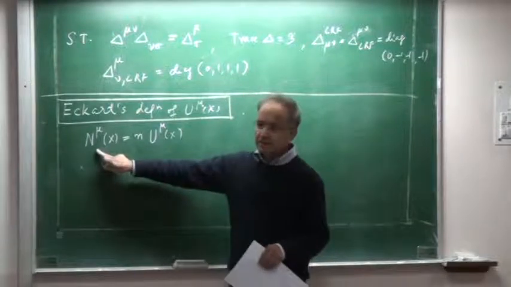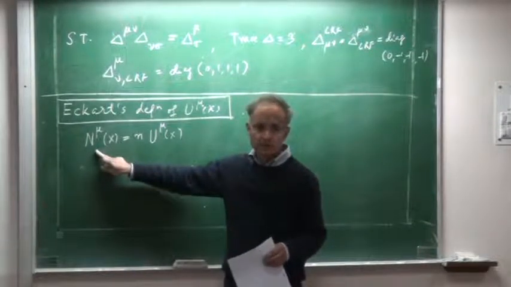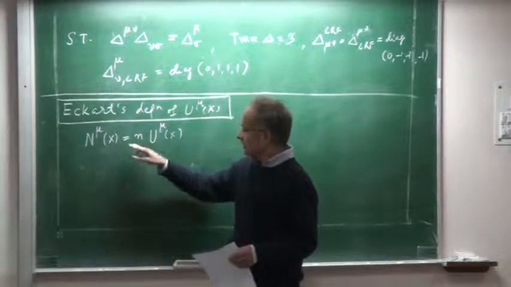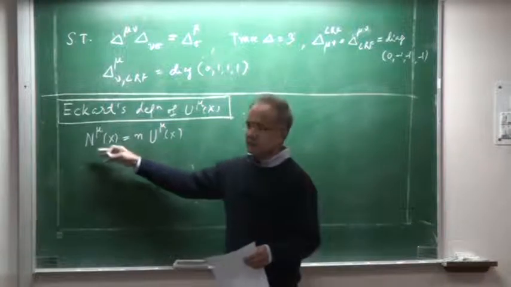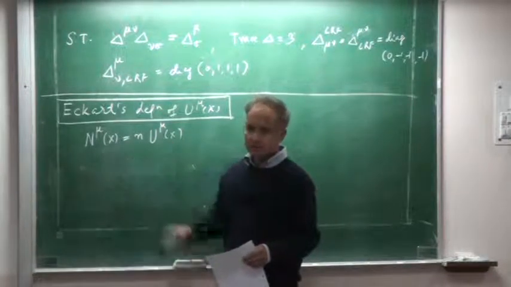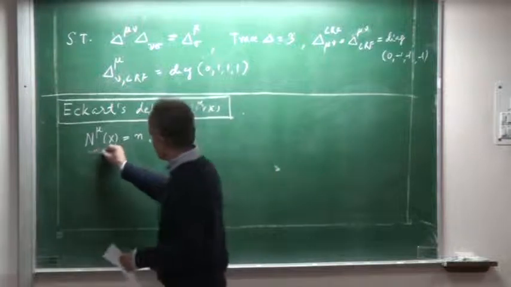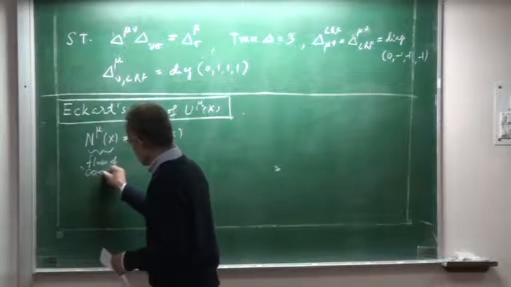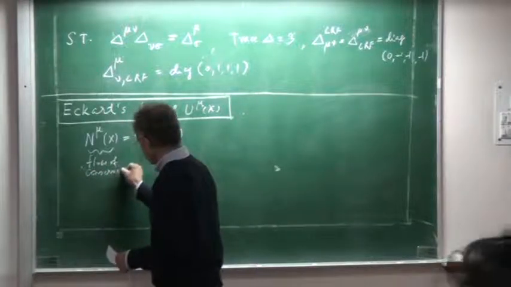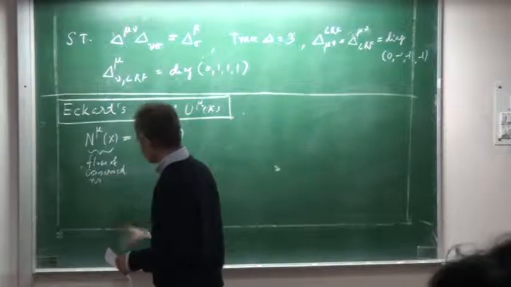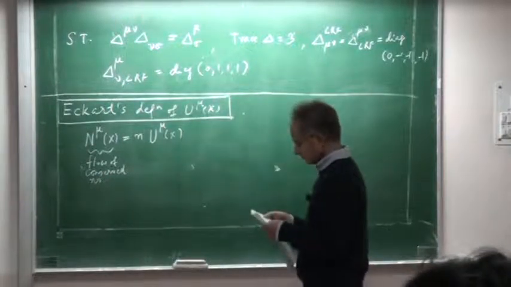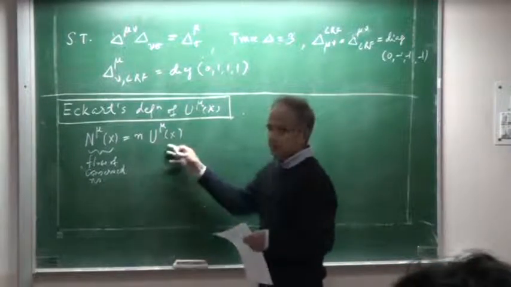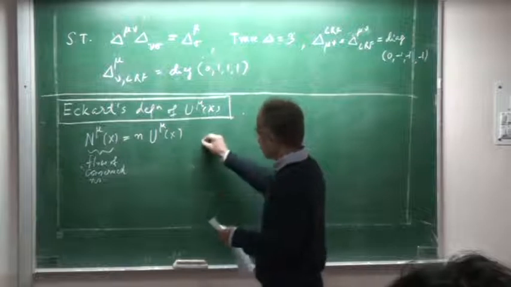And n mu physically stands for the flow of some conserved number like baryon number or charge number, etc. So we are saying that u mu is parallel to the flow of some conserved quantum number. So these two four vectors are parallel.